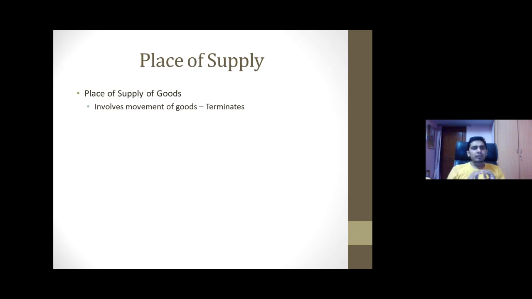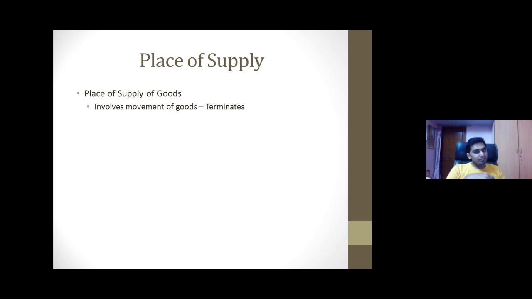No. If there was no movement, this rule is not applicable. Clear? Case 2. If I purchased biscuit from the shop, I took it to Rajasthan and I ate that biscuit in Rajasthan.